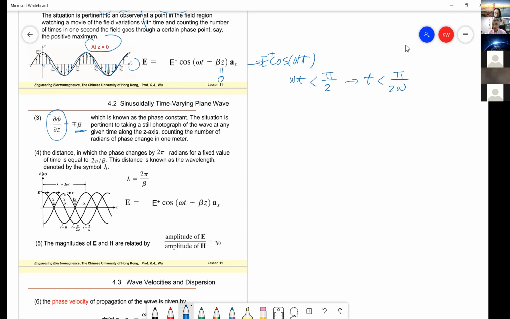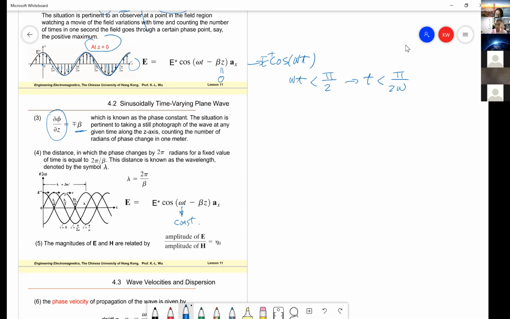That means if we take a snapshot at a certain time instant, this term becomes constant.